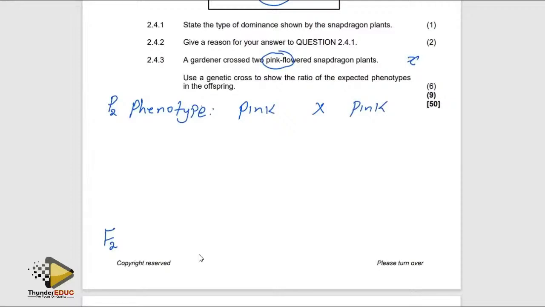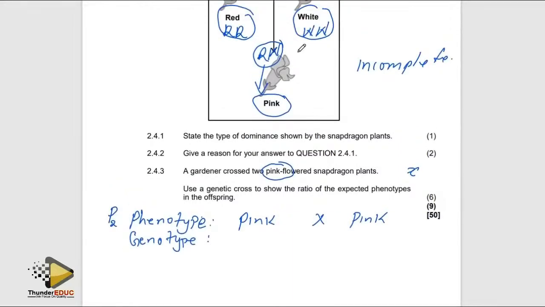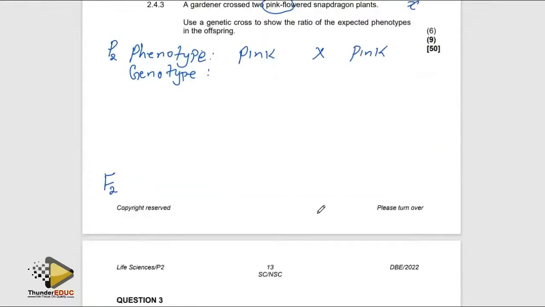Then you go to genotype. What's the genotype? We have seen the genotype here. That is capital W, capital R, or capital R, capital W. Therefore, we're going to say here, it is capital R, capital W, cross with capital R, capital W.